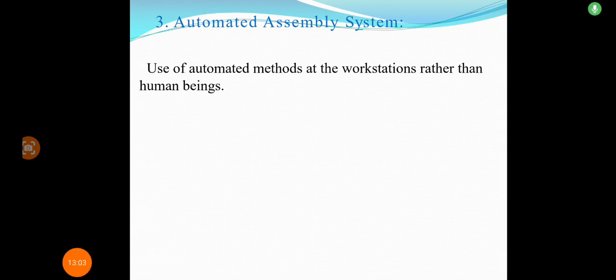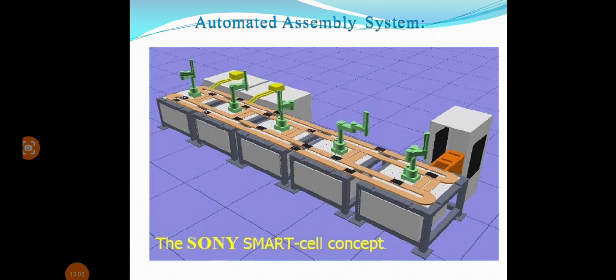Okay, this is the flow line of an automated assembly system. See here, we are taking each workstation. Each is considered one assembly system. Next, this will be one more assembling system, the third assembly system, the fourth, just like that, in a sequence.